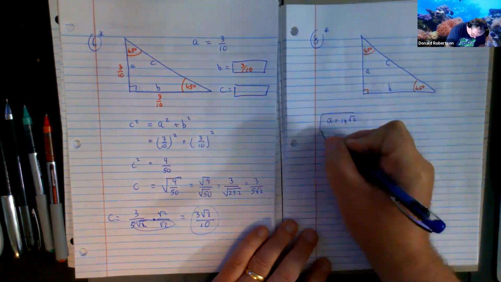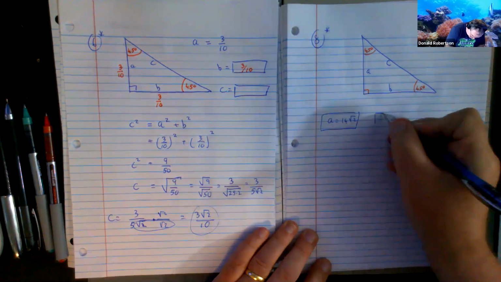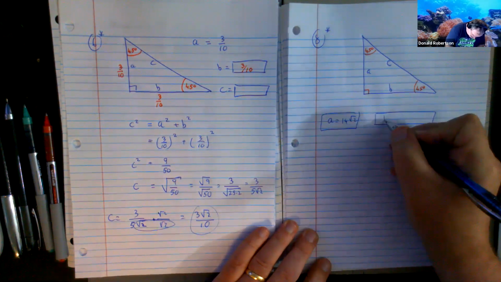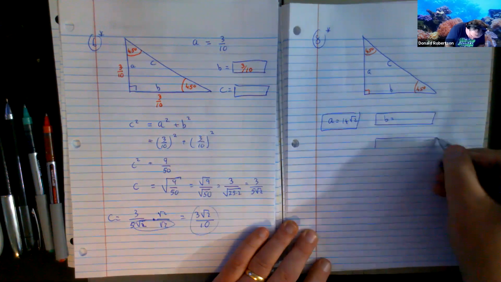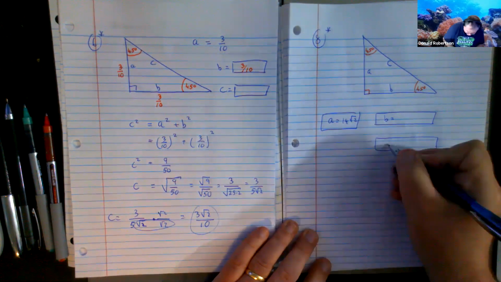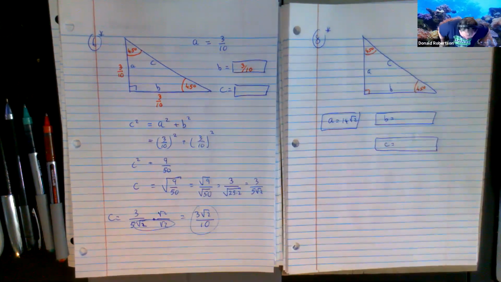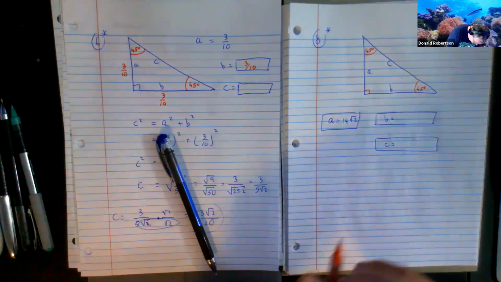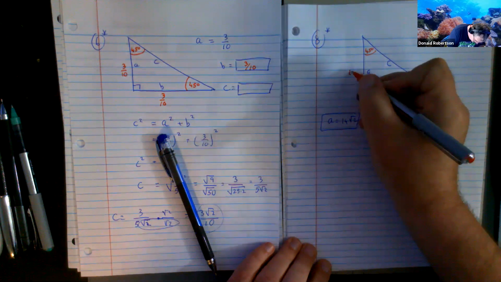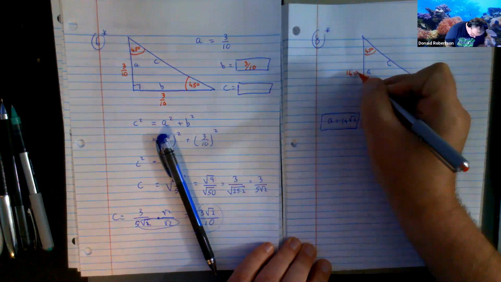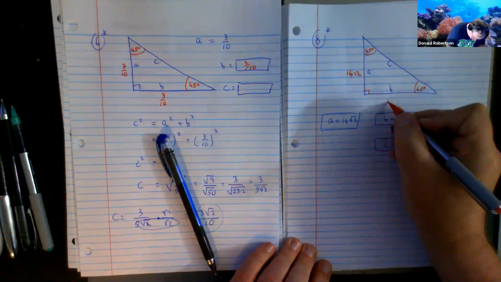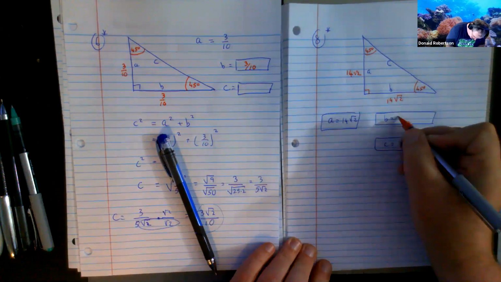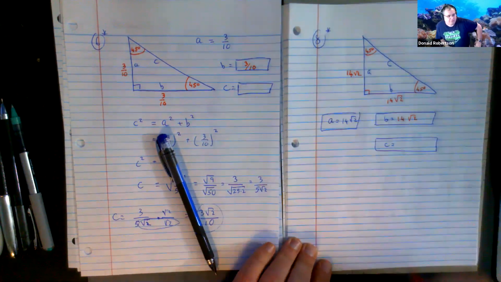Okay, that's fine. We're going to find out who B is, and then we're going to find out who C is, and that'll be the end of the question. Right, let's get the easy one over with first. If A is 14 square root of 2s, would you agree that B is also 14 square root of 2s?